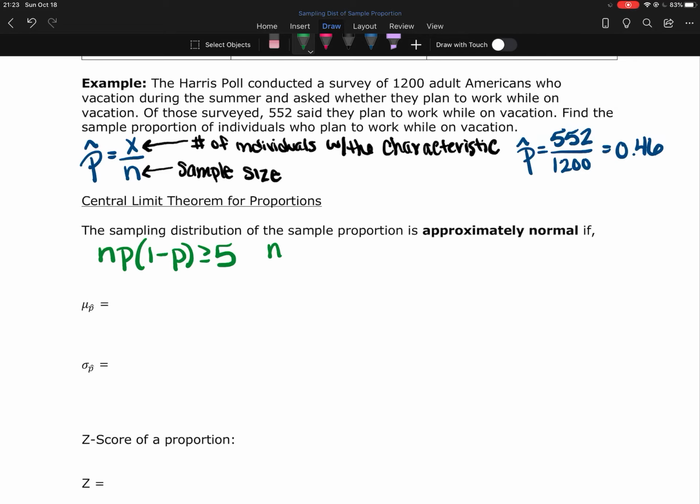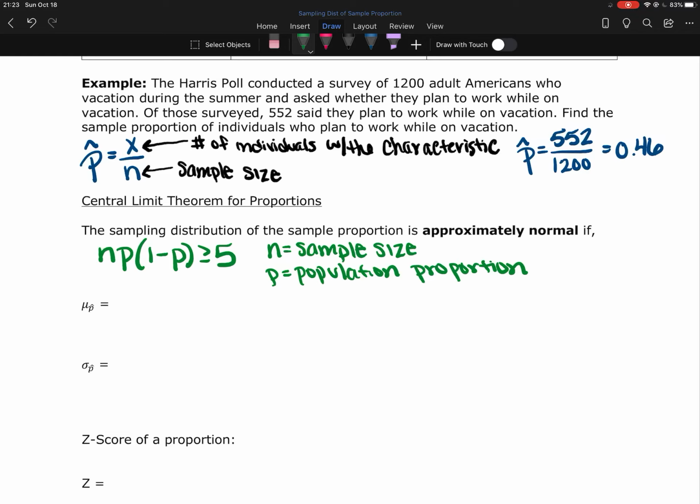Here n is the sample size and p is the population proportion. So if you do this multiplication and the number that you get is at least 5, then you have a normal distribution. If it is smaller than 5, then you do not have a normal distribution.